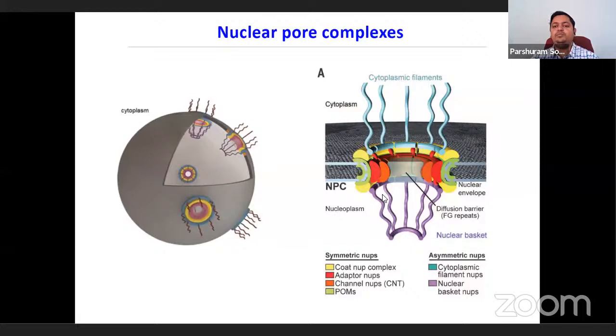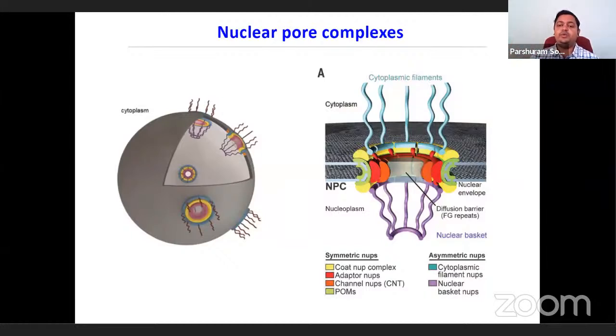And at the core of the NPC, there are two important complexes known as the coat nucleoporin complexes as well as the adapter nucleoporin complexes. These particular complexes are assemblies of different proteins. We will go in the next slides to see which types of proteins make up these different subunits.